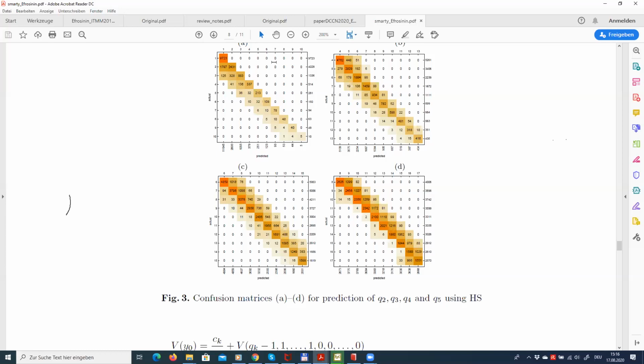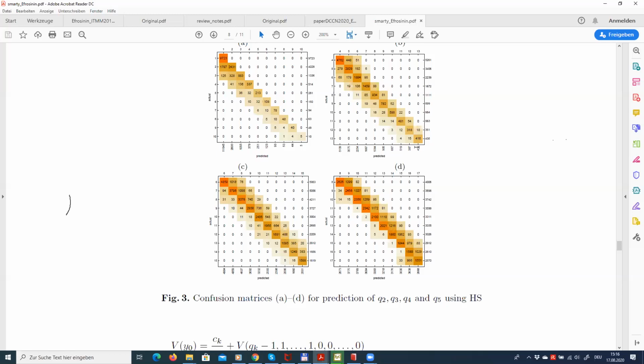And we illustrate the quality by a confusion matrix. In a confusion matrix, each row represents the instances in a predicted value, while each column represents the instances in an actual value.